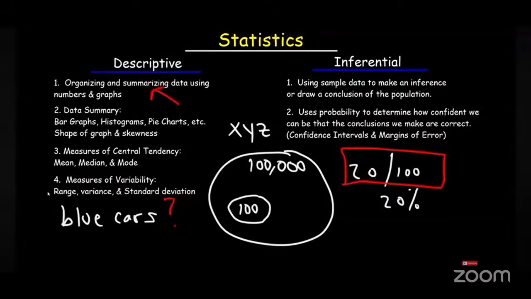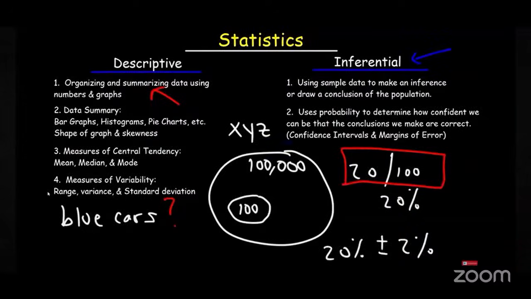Now, we can use that information to draw a conclusion about the population. We can say that 20% of the entire population, within a 2% margin of error, like blue cars. In this case, because we're making an inference or drawing a conclusion, that will fall under inferential statistics.